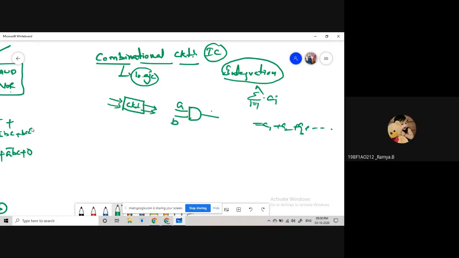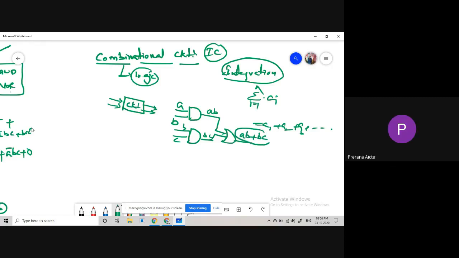AB. Similarly, another AND gate with inputs B and C. The output is BC. These two are given to an OR gate. What is the output of this one? AB plus BC.